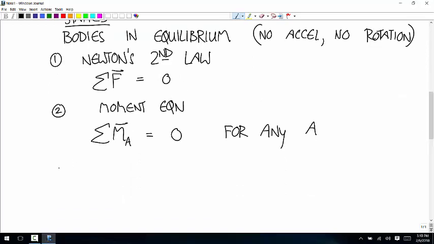The third thing we're going to use is Newton's third law. And that says for every action, there's an equal and opposite reaction.